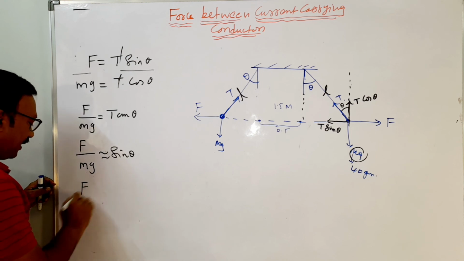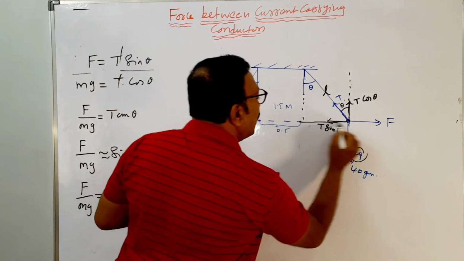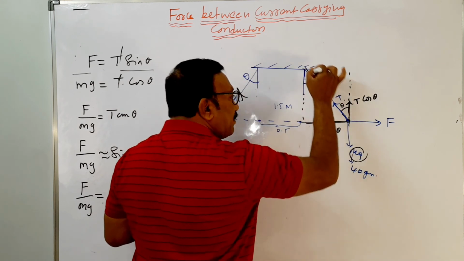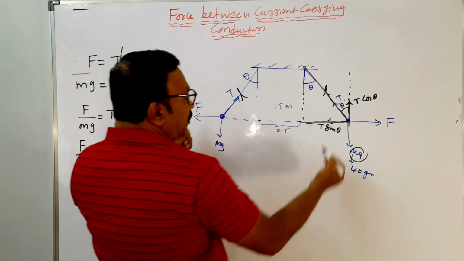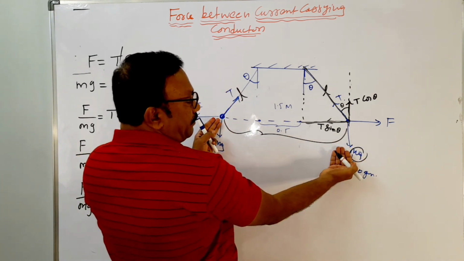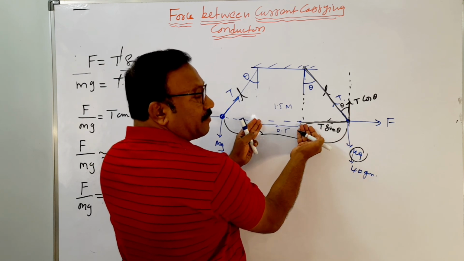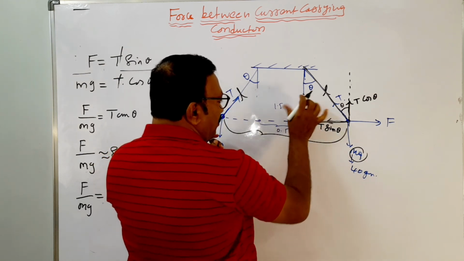Therefore, F divided by mg is equal to sin theta. Sin theta means this opposite side divided by this hypotenuse. Opposite side is how much? This total is 1.5 meter, this is 0.5 meter. I think this is centimeters, not meters.